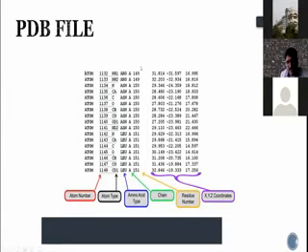These are called initial coordinates, which we get from X-ray crystallography, cryo-EM, or NMR techniques. They give us the information about the protein in these terms, and then we have the initial coordinates of the residues located all over that protein.